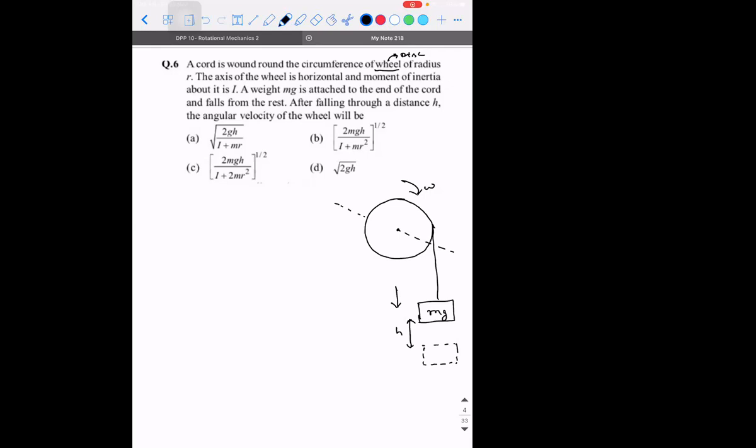Which one? The wheel. Yeah, the wheel. But that's what I'm just reading. See, the axis of the wheel is horizontal and its moment of inertia is I. I don't think the wheel is moving. It is rotating about a fixed axis.